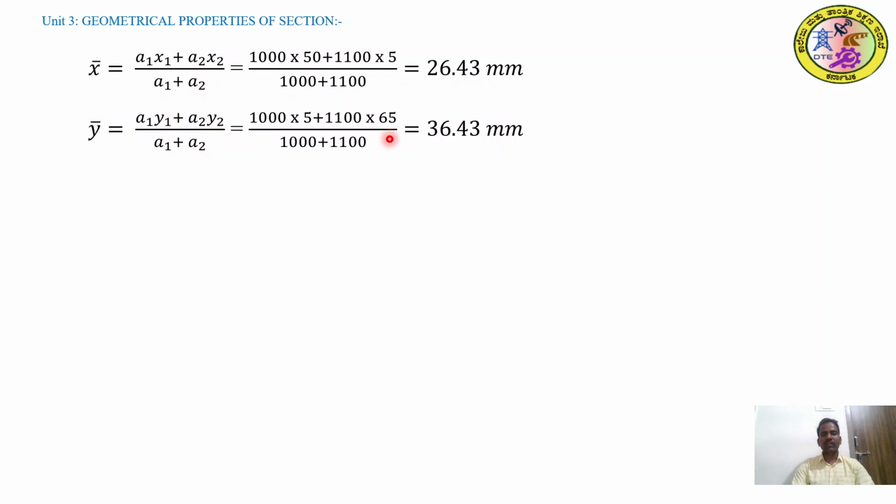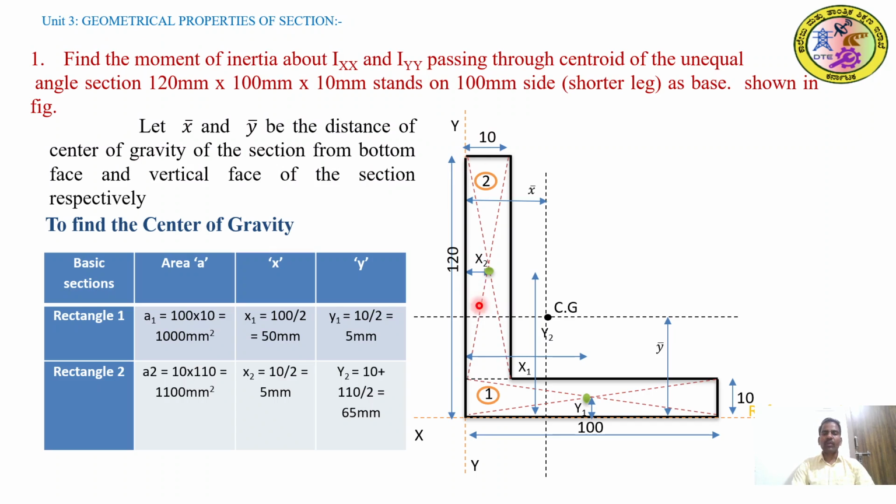If we substitute all these values, we get 36.43 millimeter as y bar. Now we need to mark in the L section 26.43 as x bar and 36.43 as y bar. So we got the center of gravity for the given L section.